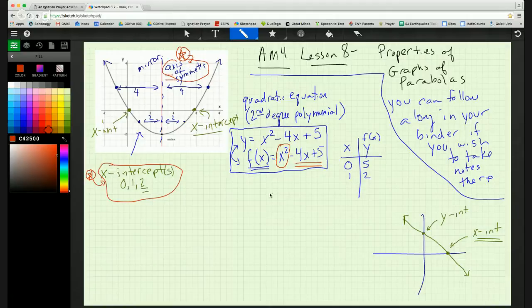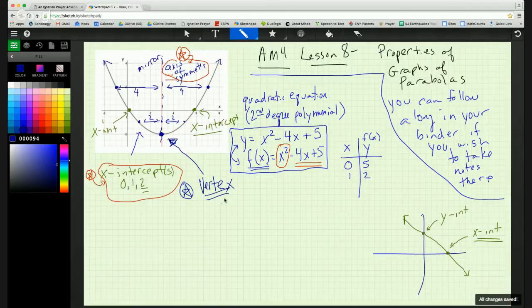Now let's talk about this other interesting point. Let's look at this point right here. Let's go back to blue. And we have this interesting point right here, and there's a lot of interesting things about this. This is called the vertex. And this is going to be my third star, the vertex.